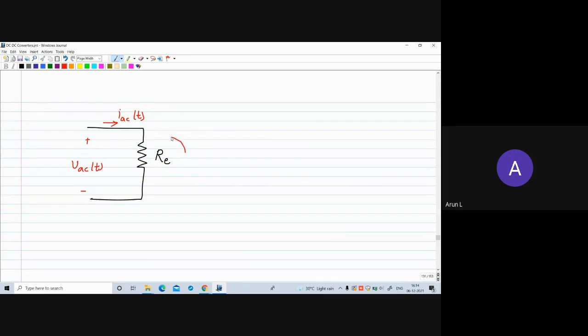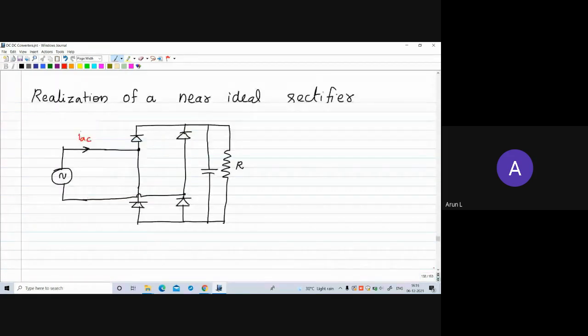So if you model the rectifier as an equivalent circuit, that equivalent must be a resistance RE. It should present an equivalent resistance to the AC system so that the current is flowing in UPF. If we use a simple bridge rectifier, that is not the case. If you plot the IAC waveform, you can see that the power factor will be low.